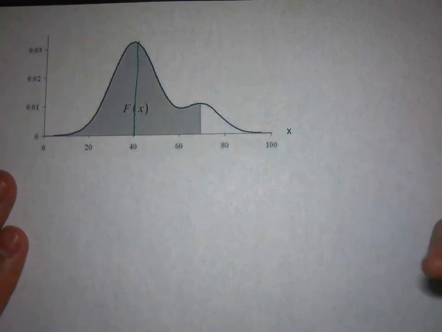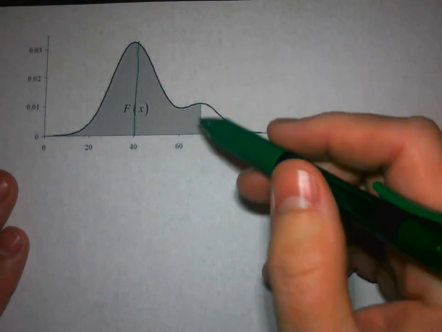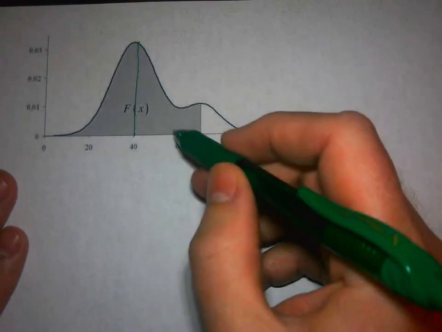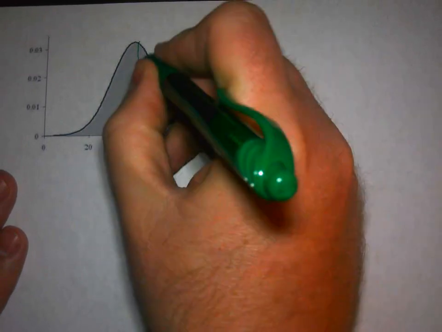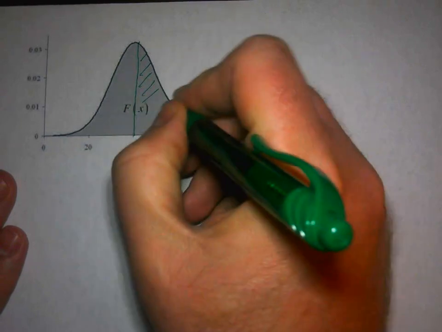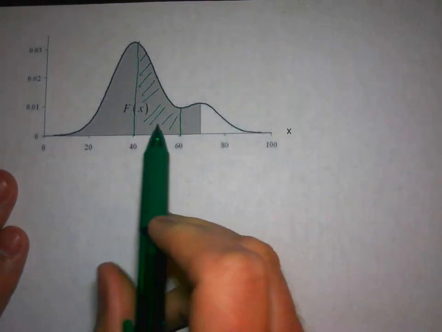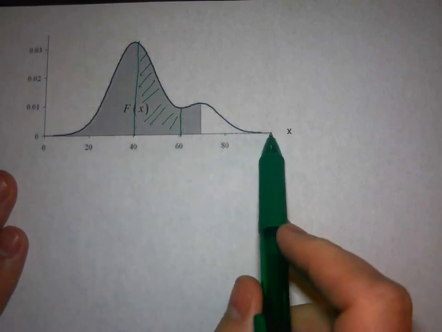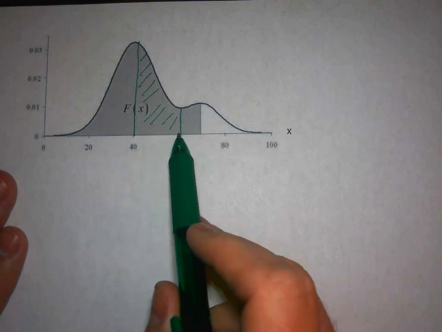So let's say you wanted to look at the probability that a commute time lasts between 40 and, say, 60 minutes. Looking at the area here, how much of the entire curve, starting down here all the way over here, is between 40 and 60?